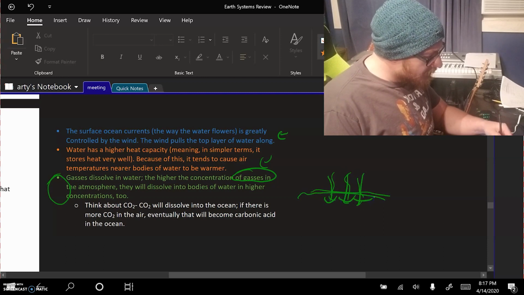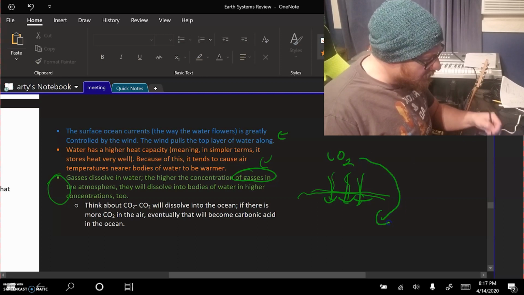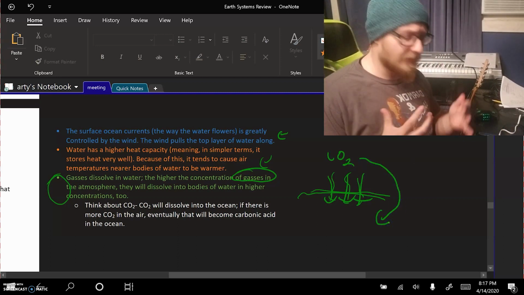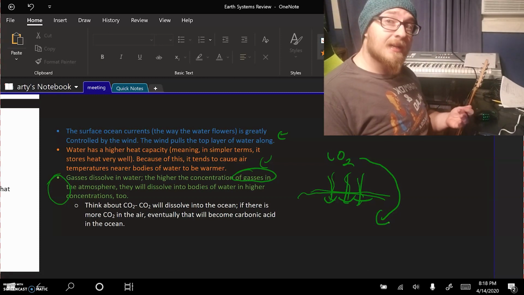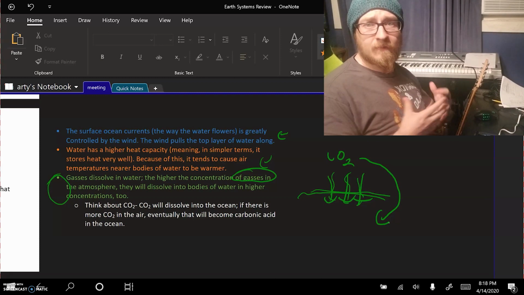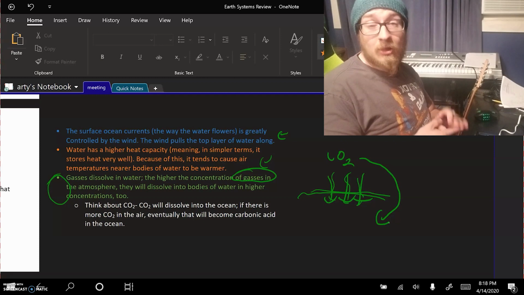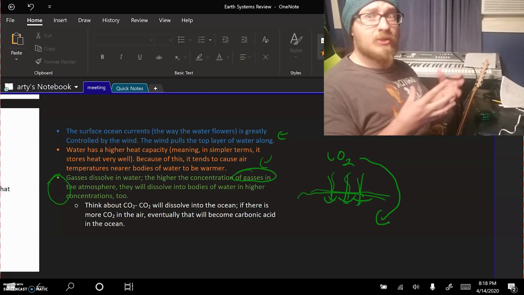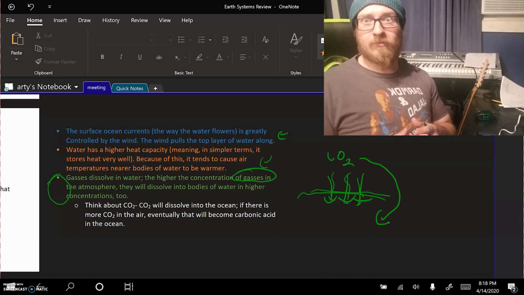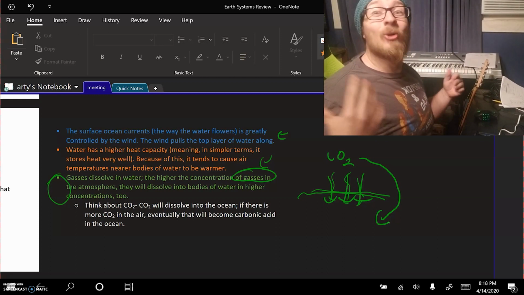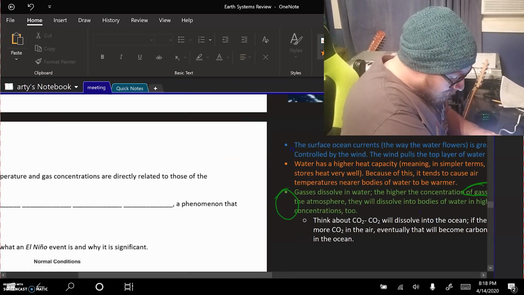And the more of those gases there are in the atmosphere, the more of those gases you'd expect to find dissolved in the ocean. Especially carbon dioxide, which is found in increasing concentrations in the atmosphere, is dissolving into the ocean at a faster rate, which is causing ocean acidification, which is causing coral bleaching, right, and the loss of major ecosystems.